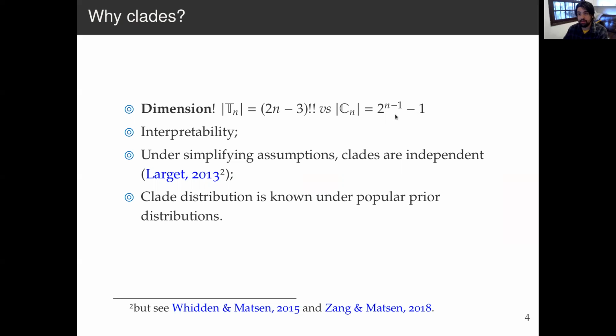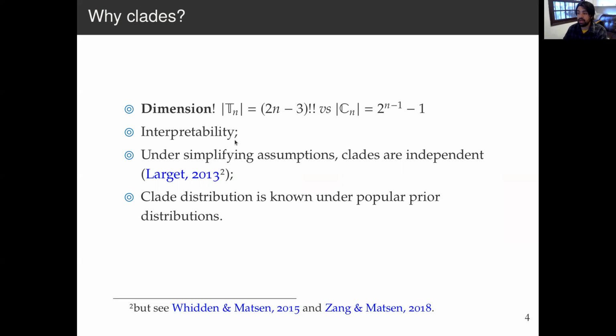It's absolutely astronomical, doesn't cover it, but it pales in comparison with this number. So this is a double factorial, meaning that the size of tree space grows super exponentially with the number of leaves, right? So looking at clades does give you a substantial dimensional reduction, even if that's still a high dimensional space.